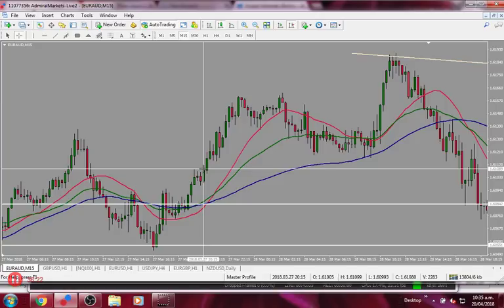Obviously, price moves the most during those two sessions. During the early hours of the London session, and then after lunch in London when New York opens. So those are the two busiest times, and you will often get the most movement then.